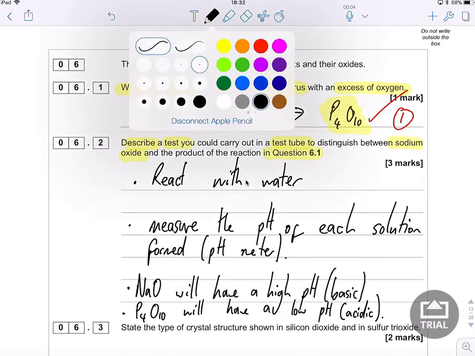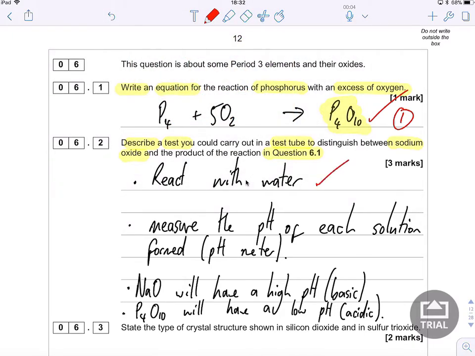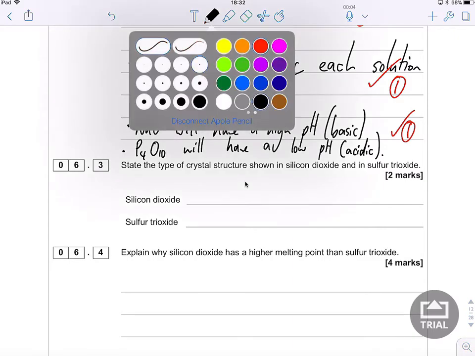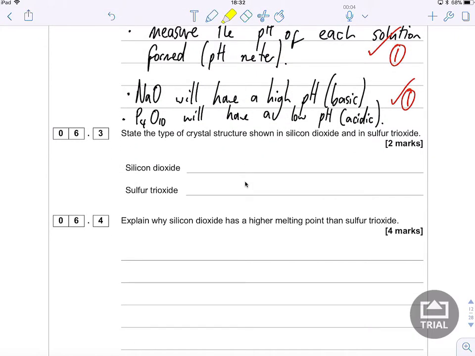And essentially I get 1 mark for the first bit, react with water, 1 mark for saying I'm going to measure the pH, and then 1 mark for saying how I'm going to tell the difference between the two oxides that I've got.